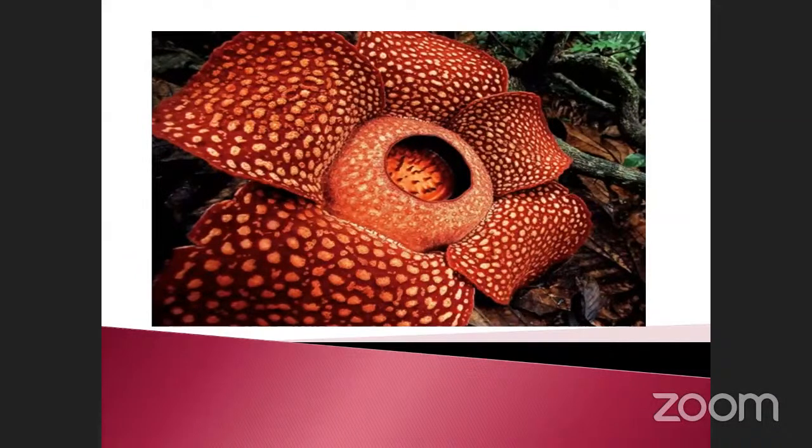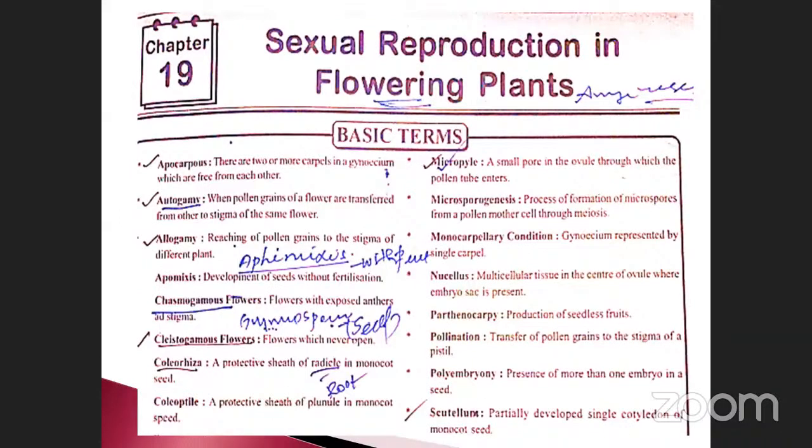Now we are going to discuss sexual reproduction deeply. Before that, we must know the basic terms in these lessons. The first one is called apocarpous.